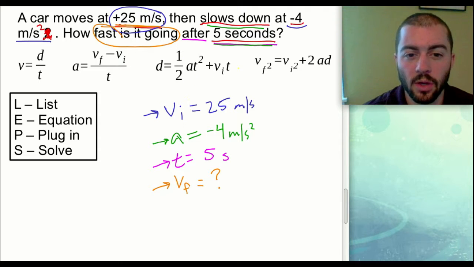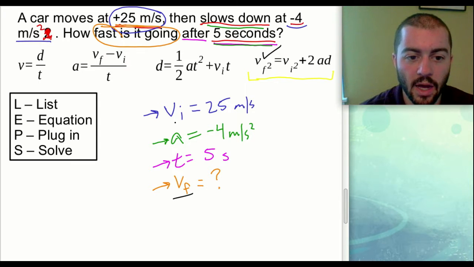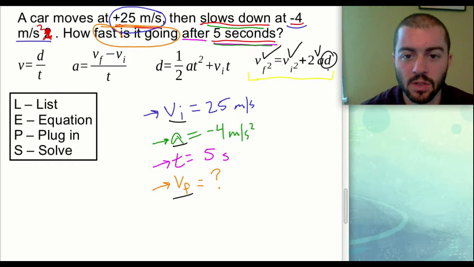If we look at, for example, this last equation here, VF squared equals VI squared plus 2AD, and try and plug our numbers in, well, VF is involved, so that works. We have VI involved, so that works. And we have acceleration, so that works. But then we have to use distance in this formula, and distance is not a part of our list down here. So that tells us that this is not the right formula to use.